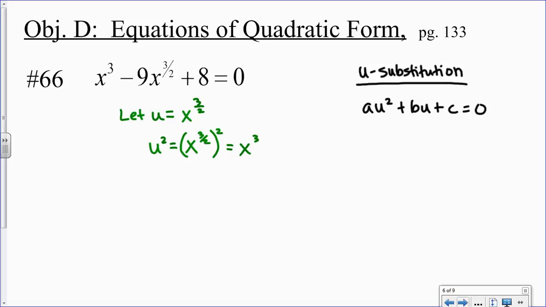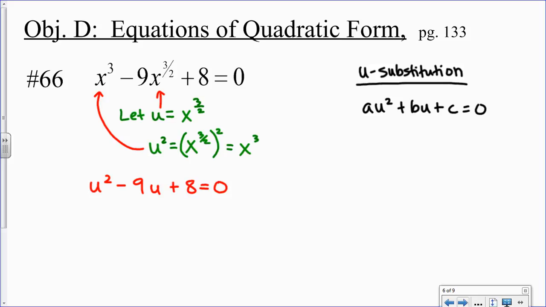So now I get to substitute u right here and u squared right here. So now I have u squared minus 9u plus 8 equals 0.